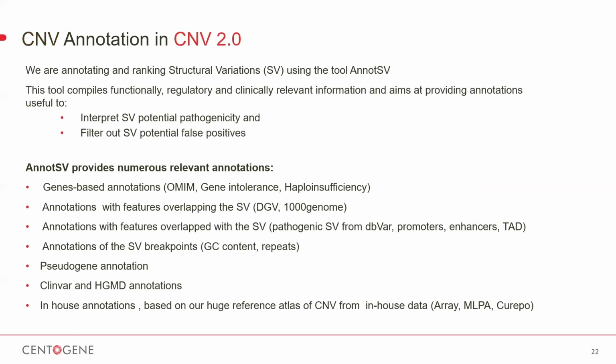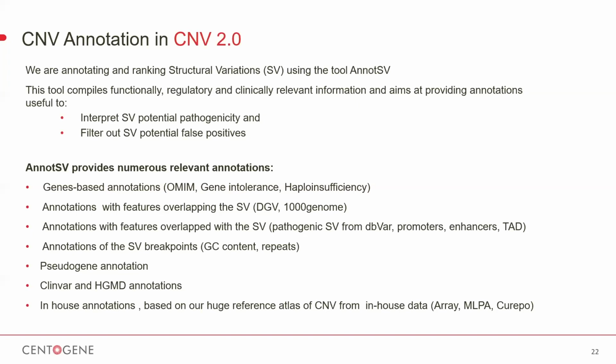Regarding the annotation platform, we have the annotate structural variants, which is basic, depending on very important points, and we are improving it to better interpret the potential pathogenicity of the structural variants detected and to filter out false positive results using many tools.